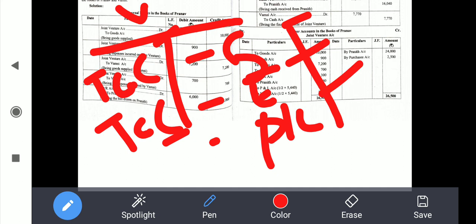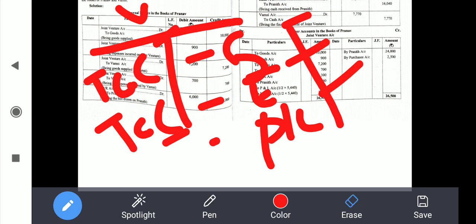And one more important is the profit and loss amount. But going to the debit side, how much amount received for final settlement and how much amount received regarding bills, half of the amount remitted by Pranay to Vamshi. Okay, this is the information about Vamshi.